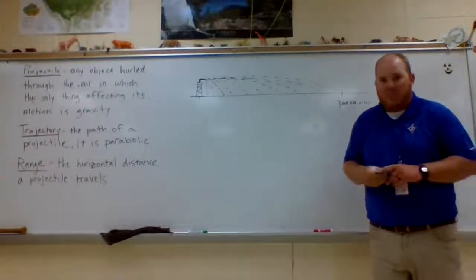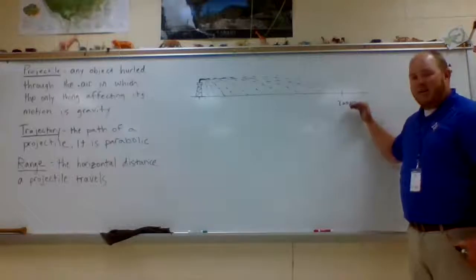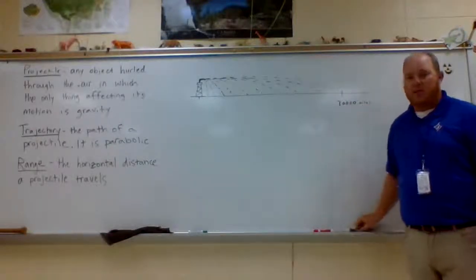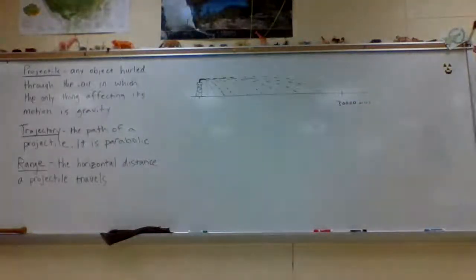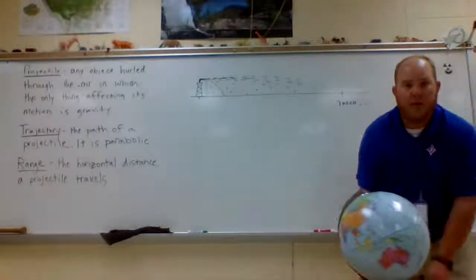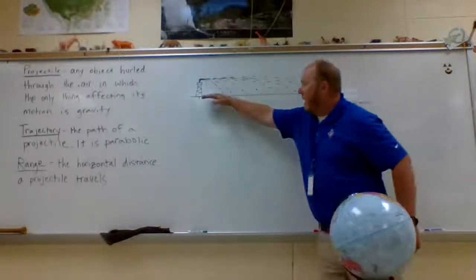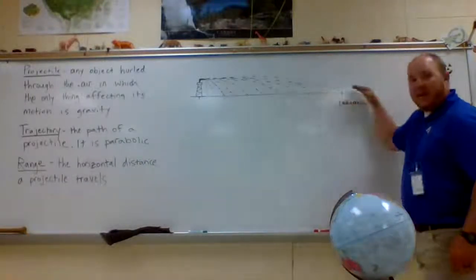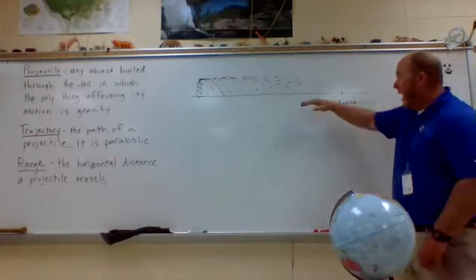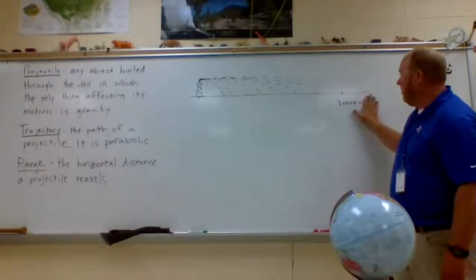And why not? At 30,000 miles and even 3,000 miles, the Earth is not flat. The Earth's a globe. So I don't have flat ground like this to infinity, to 30,000 miles. I have now curved down.